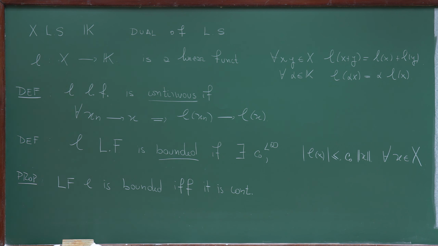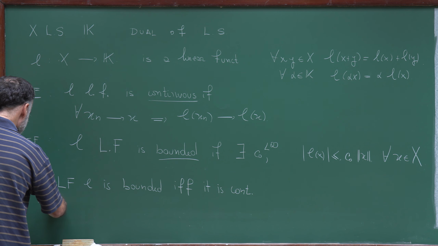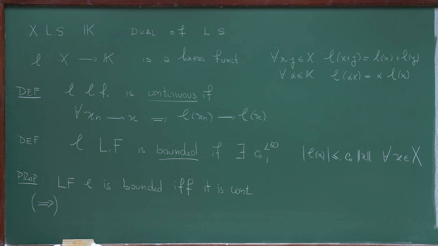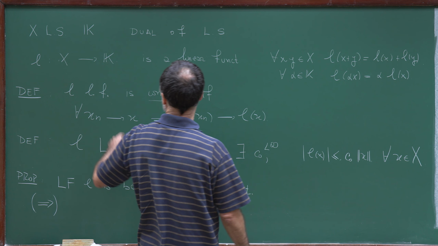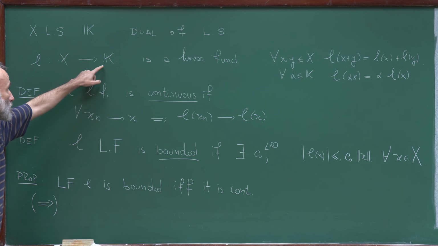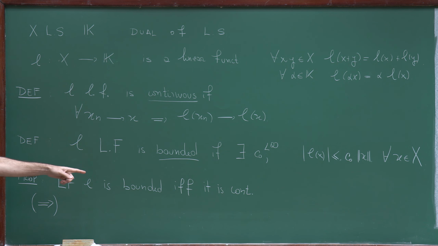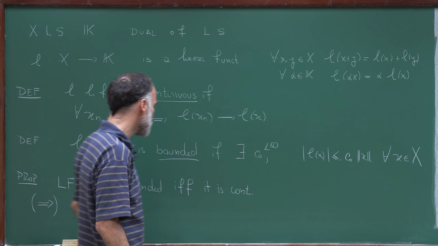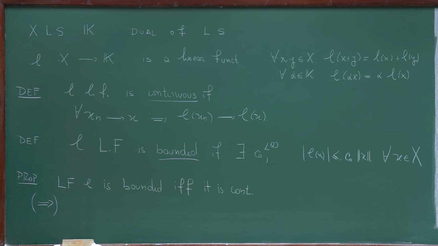So there is one claim which is very simple to prove. Assume that this linear functional L, remember, it's defined over all the space with values in K. So assume that it's bounded, so assume that there exists a constant for which this holds. Let me prove that it's continuous.